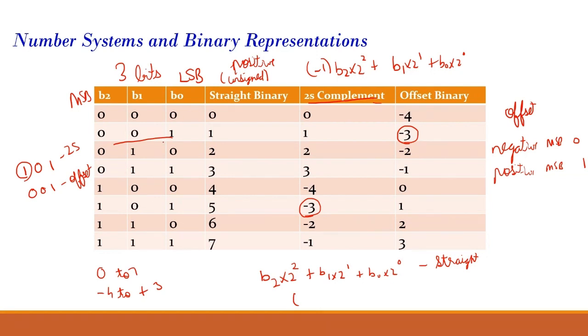If you see, 001 in offset binary is -3, right? Just the MSB of the 2's complement, I just change that sign. I'm just inverting, the complement of just the MSB. That's all.